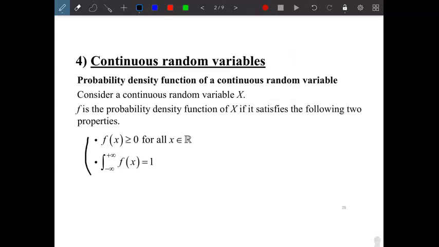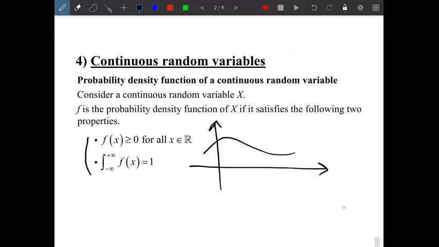Now, if we look at it this way, defining the probability of events using continuous random variables, the probability density function is a function defined over R that is always positive, always above the x-axis.